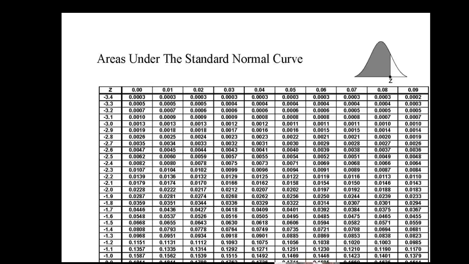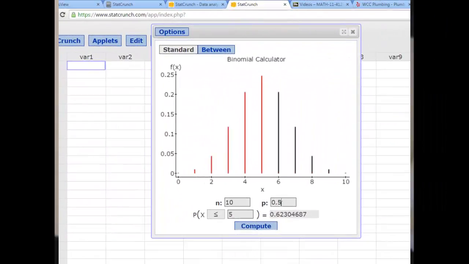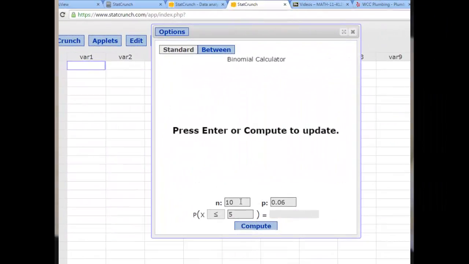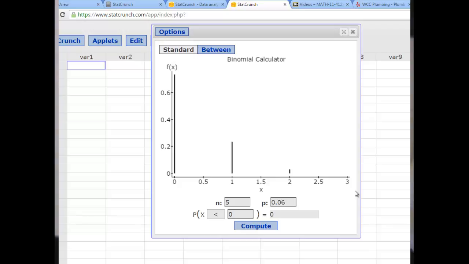We're just going to do an example here. Say we have a 0.06 probability of being, I don't know, O positive or something like that. If you randomly choose 5 people, n equals 5, there are 5 trials, and you have a 0.06 probability of having a certain blood type, the probability that 0 out of those 5 have that blood type is 73%.